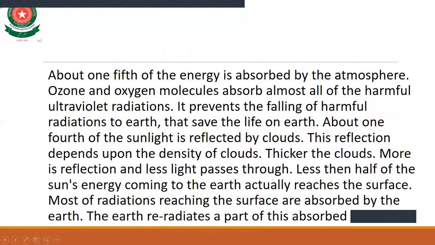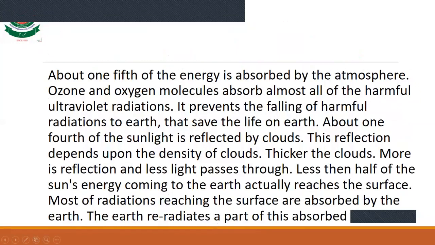About one fifth of the energy, that is 20%, is absorbed by the atmosphere. Ozone and oxygen molecules absorb almost all of the harmful ultraviolet rays.